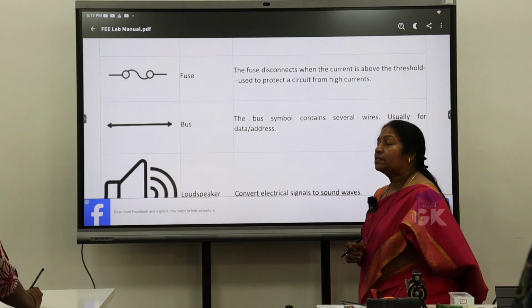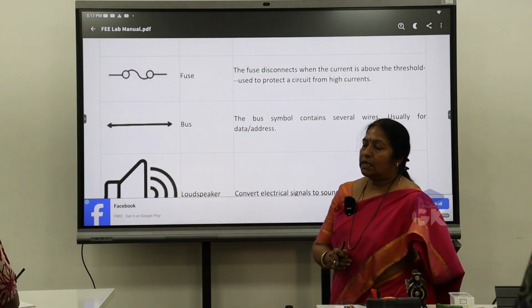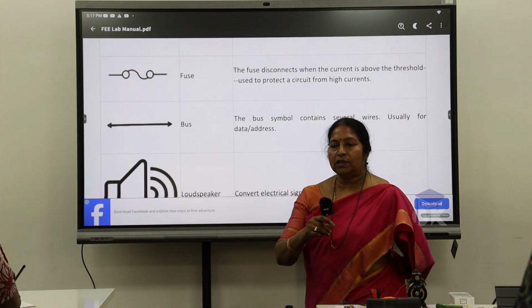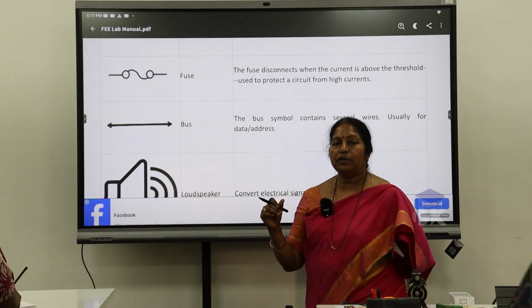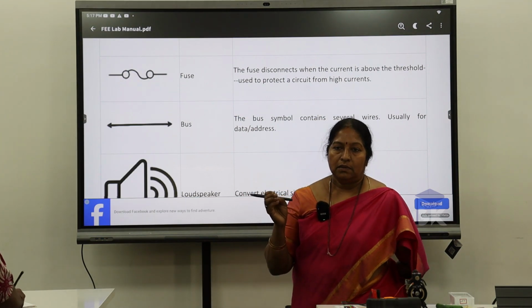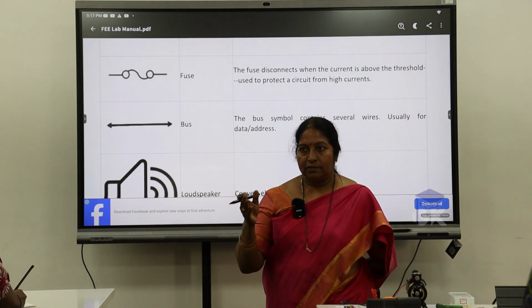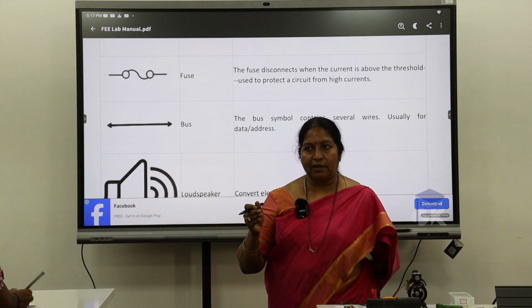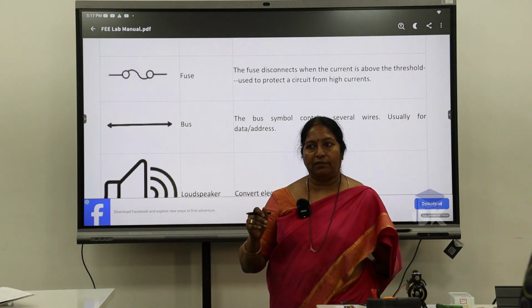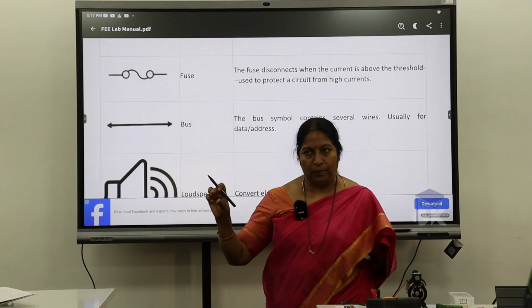This symbol represents a group of wires taken into consideration as a connector, which we call a bus. For example, address lines, say about 8 lines are there. A0, A1, A2, A3, A4 up to A7, 8 lines, it is a group.